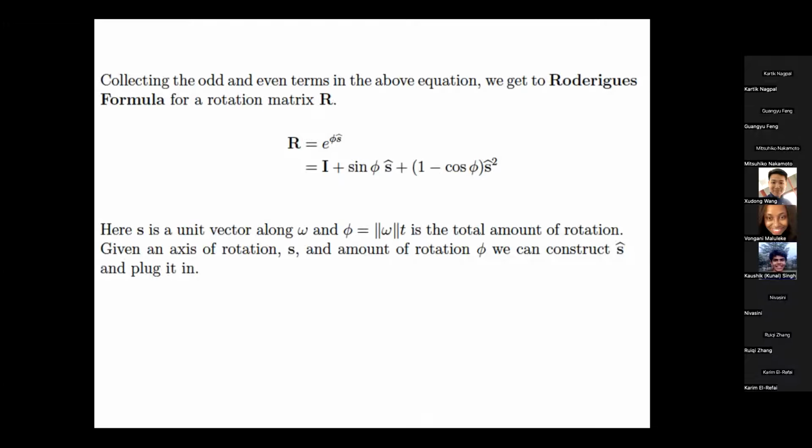If you put together all the odd terms and all the even terms, this infinite series can in fact be summarized in 3 terms: the identity plus sine phi times this S hat matrix plus 1 minus cosine phi times this S hat squared, which is basically a 3x3 matrix.